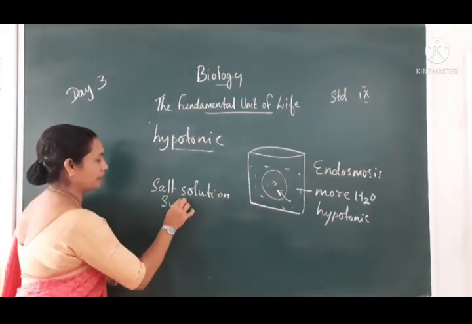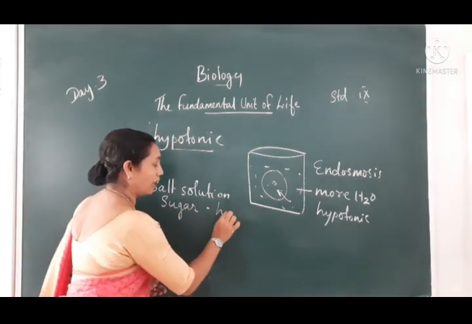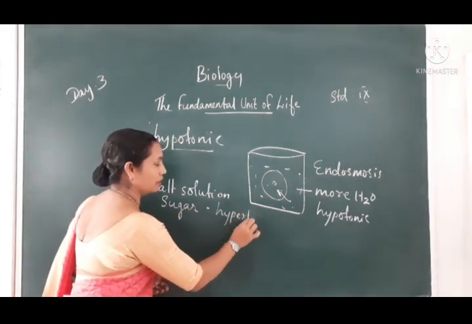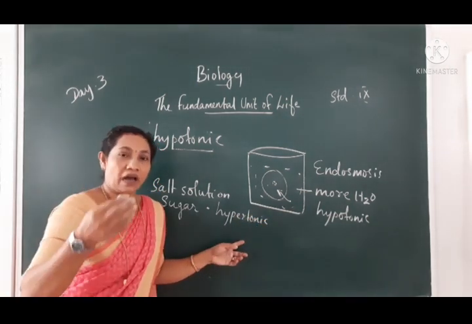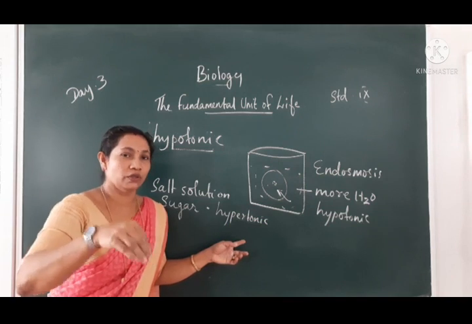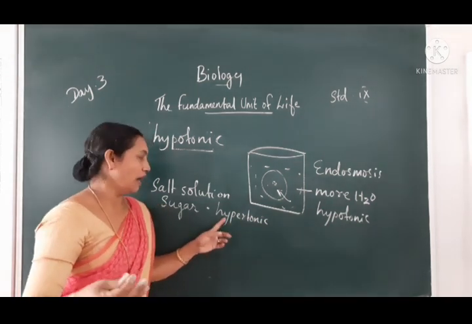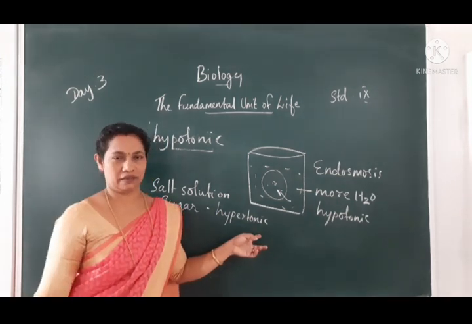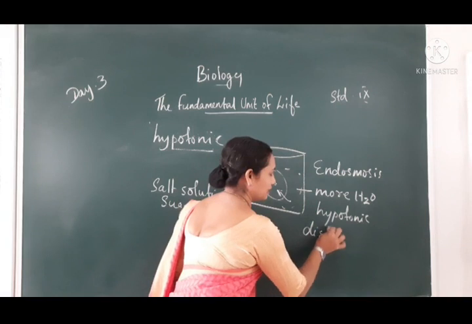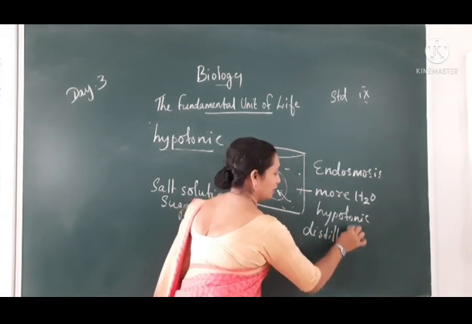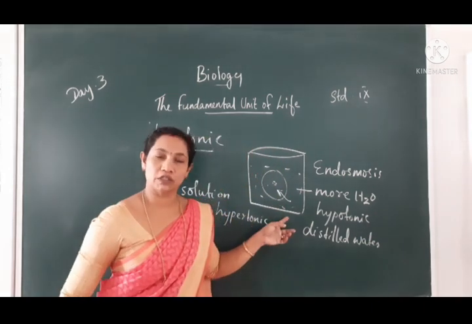In the case of salt solution, sugar solution, etc. are examples for hypertonic solution. We are adding salt or sugar into water, so water changes into hypertonic solution. But pure water or distilled water is an example for hypotonic solution.